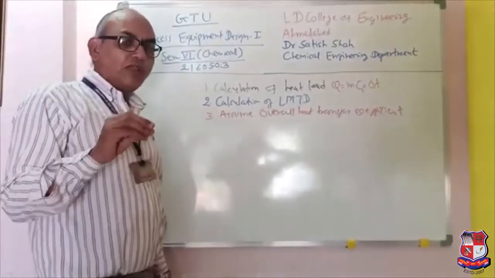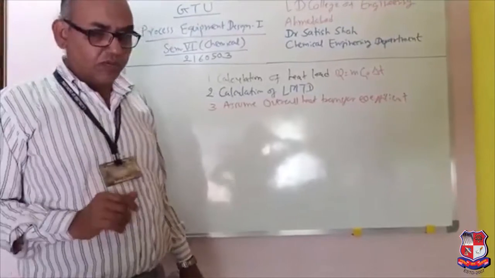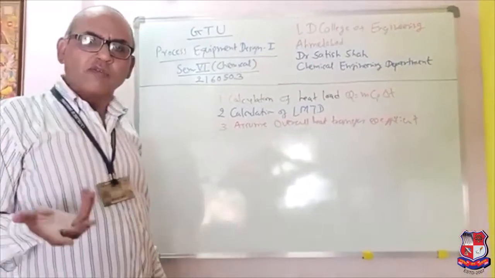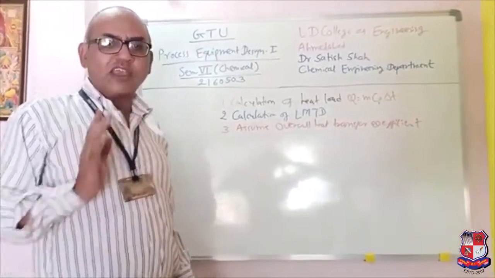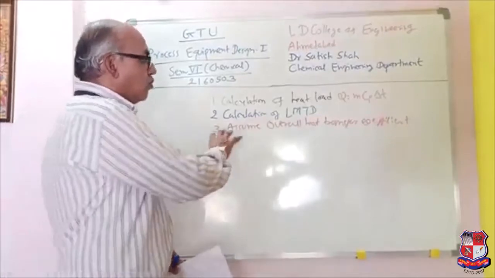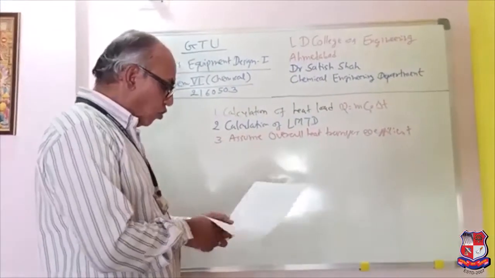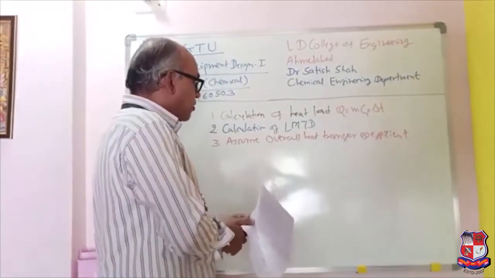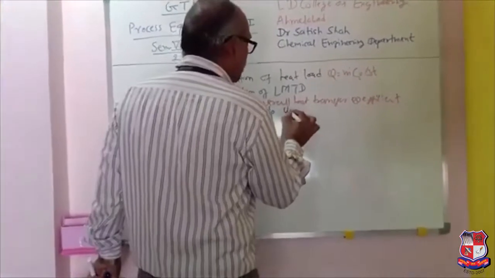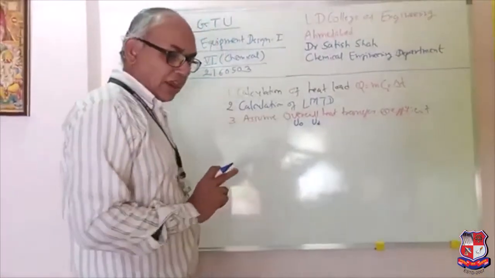So suppose they have given the range of 1000 to 1500 kilocalorie per hour meter square degree Celsius. So you can very well assume 1200 or 1300, whatever you wish to assume. This is not the final value. So this is our starting point. So you assume the value of the overall heat transfer coefficient, which is known as Uo, or it is known as Ud. Somebody is writing Uo, somebody is writing Ud, the dirty overall heat transfer coefficient, or somebody is writing Uo directly.